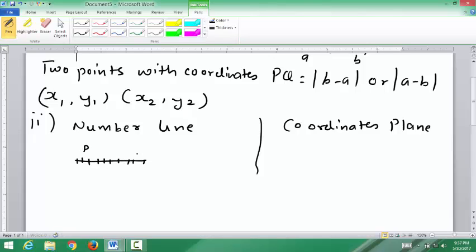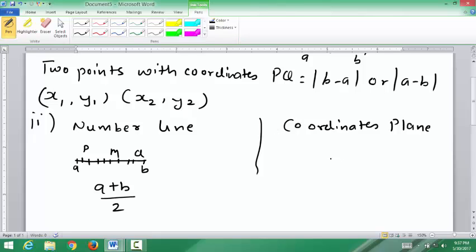This will become P, this will become Q, and this is A, and this is B. The coordinates of the midpoint of a segment whose end points have coordinates A and B will be A plus B divided by 2. This is the midpoint.